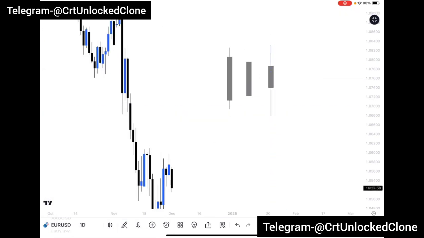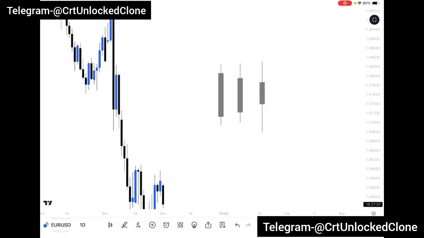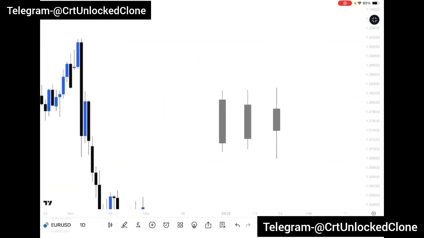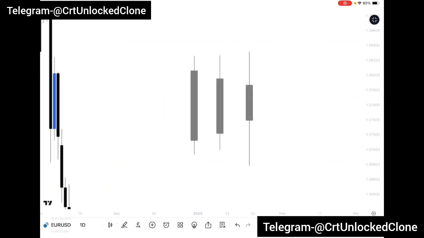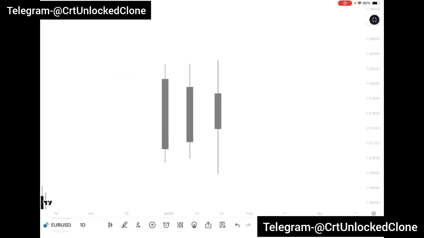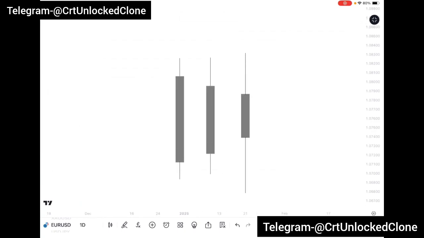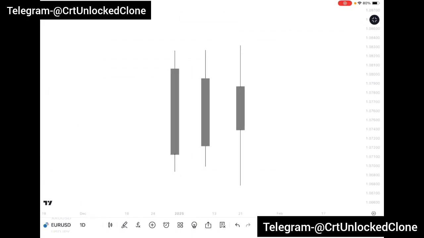Now look at these three candles which I have drawn so carefully. I will zoom in and show it. These are the three candles which I have drawn. In this, the first candle and second candle were CRT candles, and the third candle was not a CRT candle.